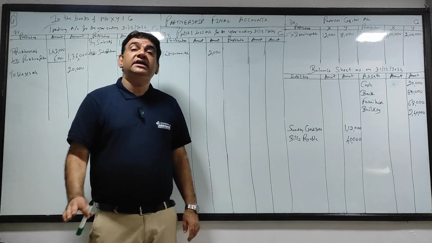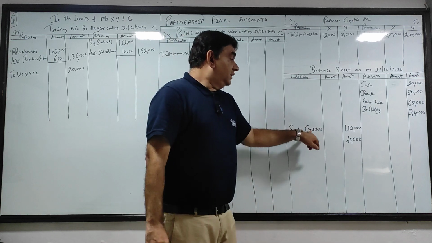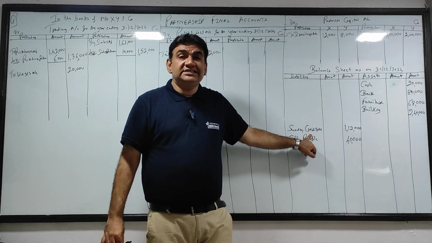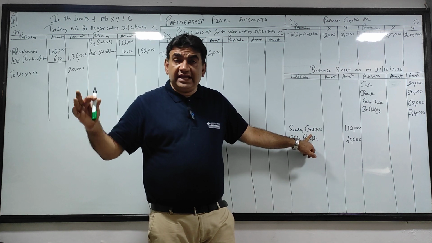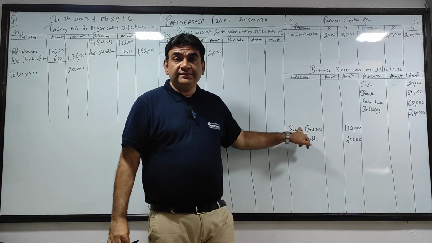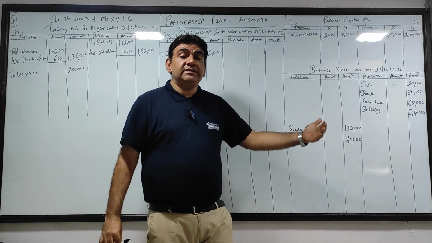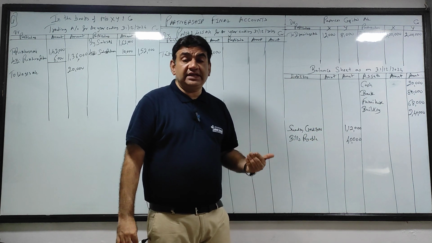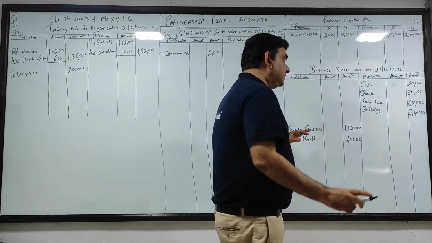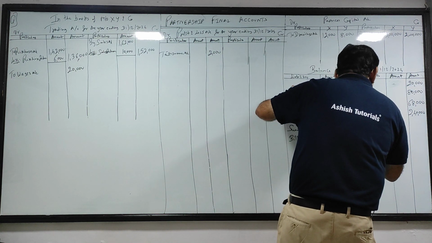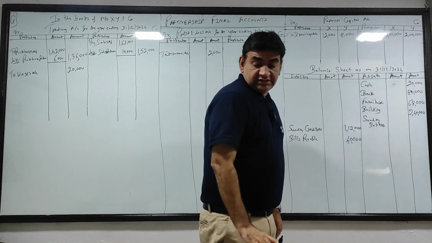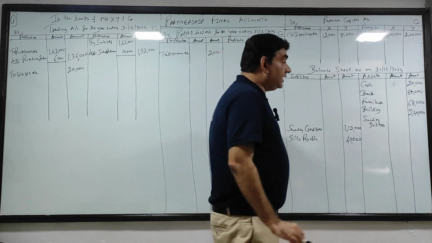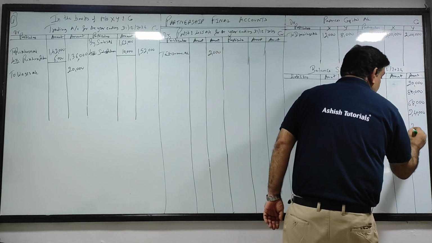Next, sundry debtors. Anything payable is a liability. Creditors को पैसा देना है, therefore liability. Debtors means the people from whom we have to receive money, therefore it's an asset. So come to the asset side, right there. Sundry debtors, directly outside 2 lakhs.